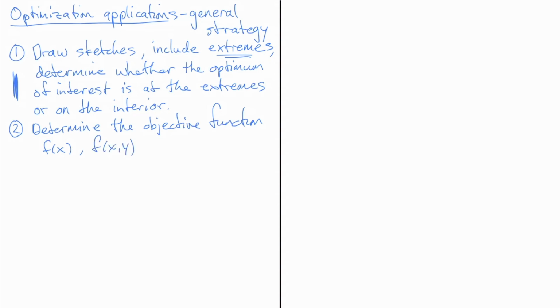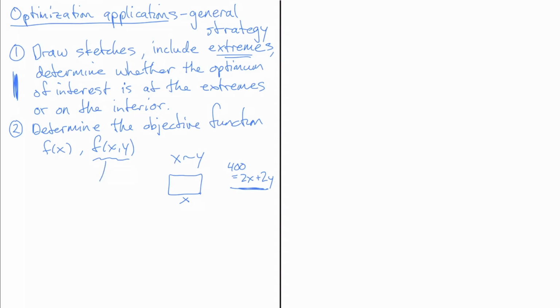If it's a function of two variables, there may be a constraint that relates x and y to each other. In the case of the fence, if x is one side and you have a certain amount of fencing, you would have a constraint that says 2 times x plus 2 times y would have to be 400. Now this relates x to y.